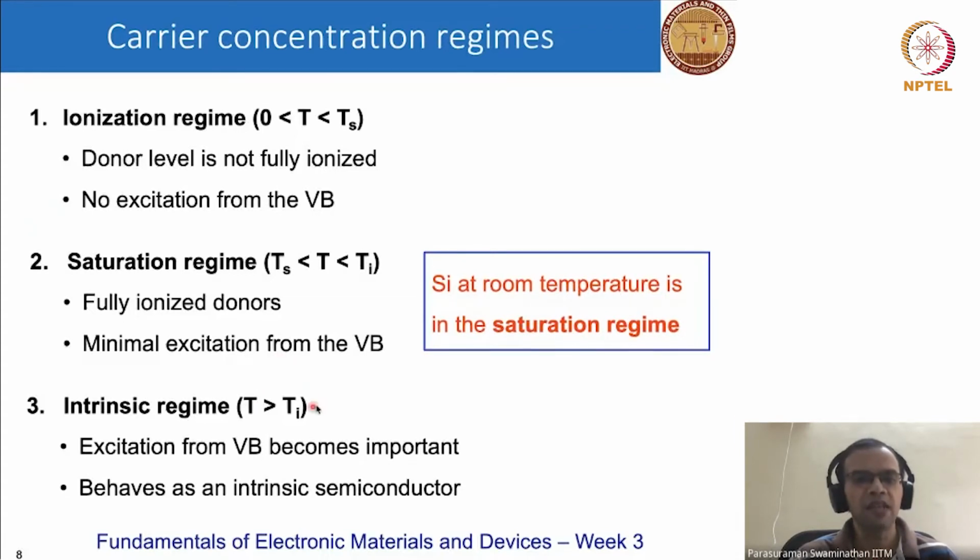If I take the same extrinsic semiconductor and heat it beyond room temperature, at a certain temperature called Ti, above it, the semiconductor behaves as intrinsic because all my donors are ionized, and now I have extra electrons coming from the valence band.